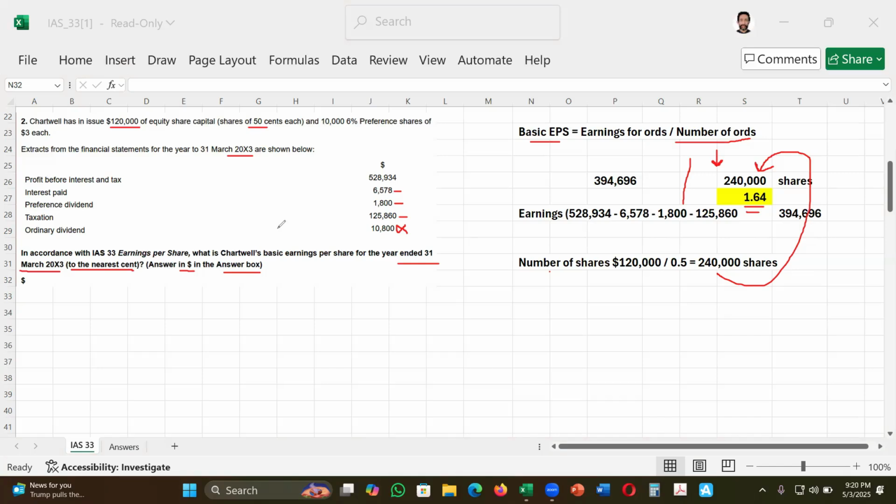But you see here, they have just said usually it's two decimal places. Okay, so 1.64 is the proper treatment to the nearest cent. So we would have to do two decimal places.